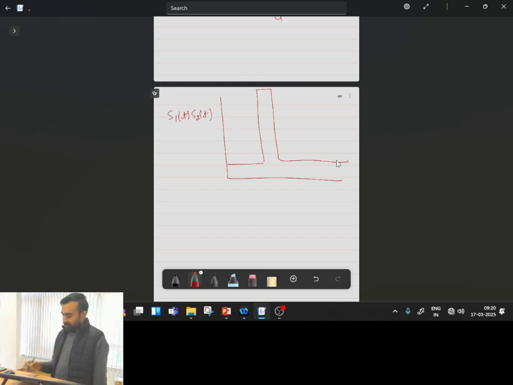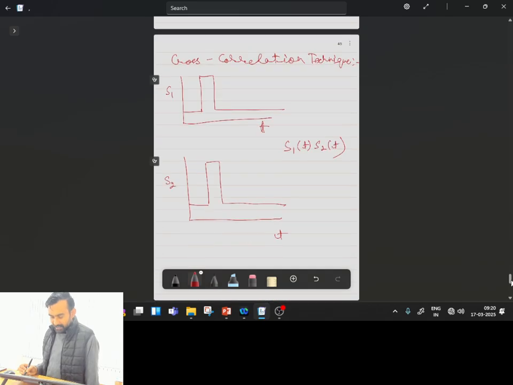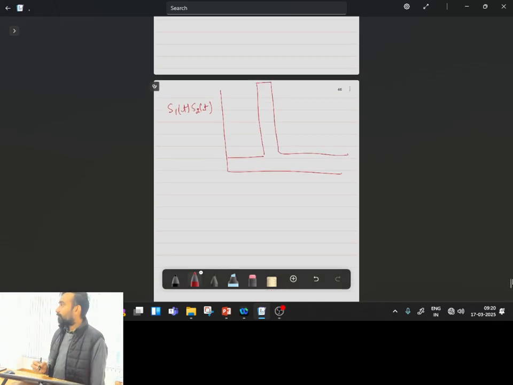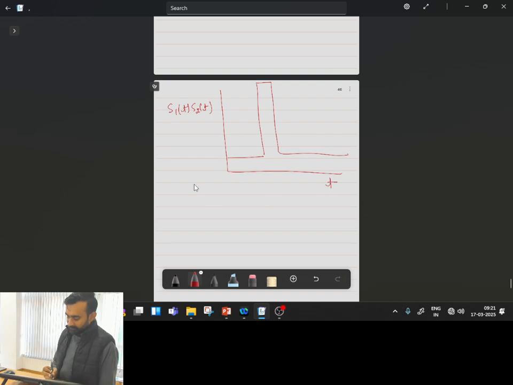Now in this scenario it was clearly visible that these signals were looking identical, and whenever we multiplied these two signals, their product is also a larger quantity. So that's why I can say at this moment that the product will give me some higher value.